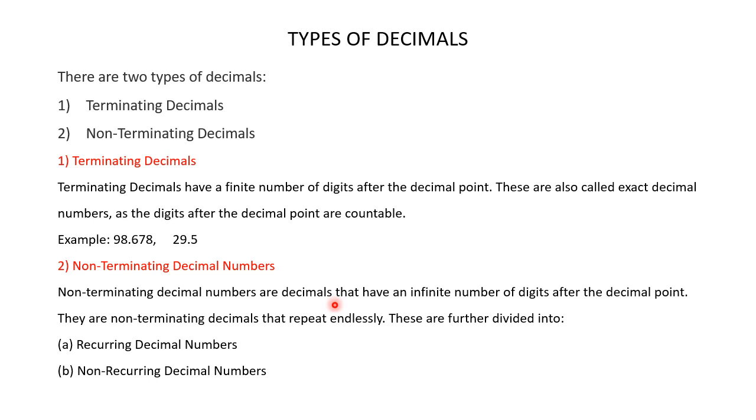The numbers keep on repeating endlessly. There is no end to the number of digits after the decimal point. Non-terminating decimal numbers are further divided into two types: recurring decimal numbers and non-recurring decimal numbers.